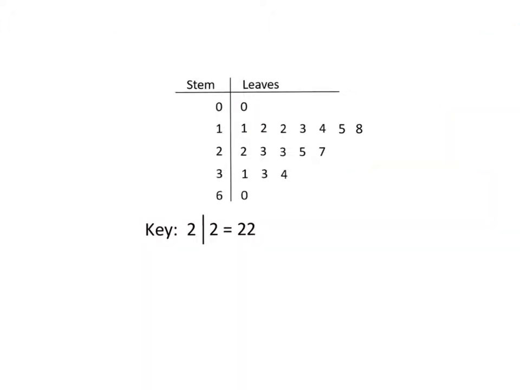Now let's talk about shape of distribution. Shape of distribution is looking for things like clusters, peaks, gaps, symmetry, skew. If you look at this graph, you can see there appears to be a cluster of data right here between number 11 and number 34. Almost all of our data is clustered in this group.